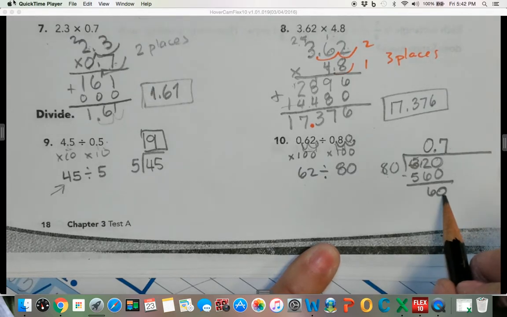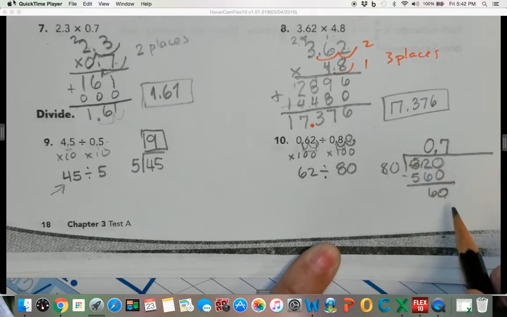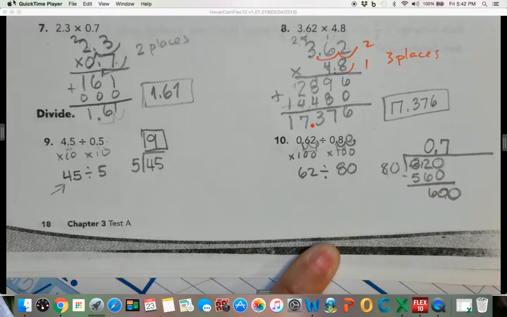Now I have a remainder of 60. Because I already have a decimal place up here, I just add a 0 to my remainder.